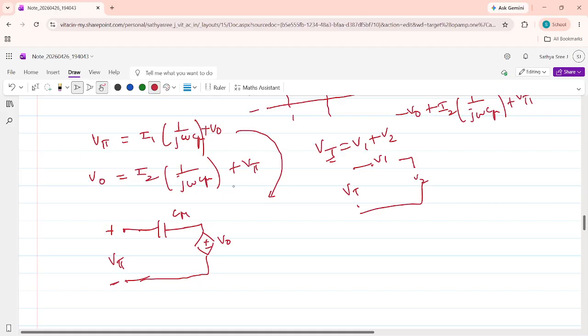Similarly, I want to draw the second equation. The total voltage is V naught, which is the output voltage. The total voltage is equal to the voltage across the capacitance C mu plus another voltage V pi.